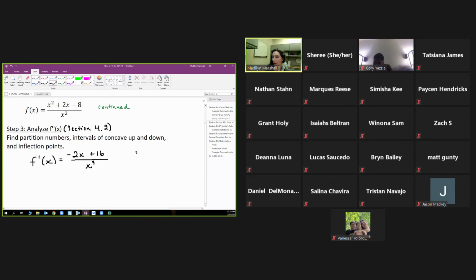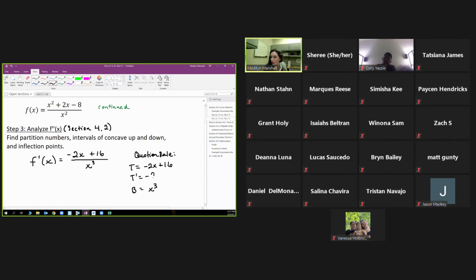So if we use the quotient rule, we have our top, which is negative 2x plus 16. Remember, we're doing the second derivative now, so we're starting with the first derivative. And our bottom is x cubed.